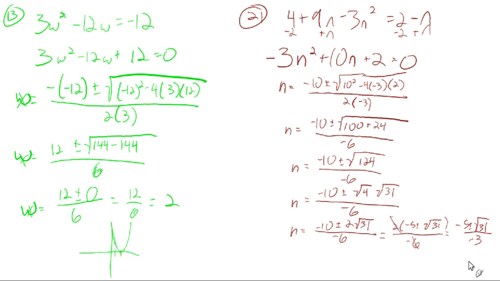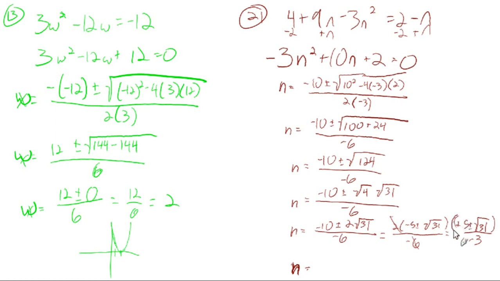And we could, if we want, and the most common thing to do is to factor out a negative 1, okay? So if we factor out a negative 1 in the numerator, this will become positive.